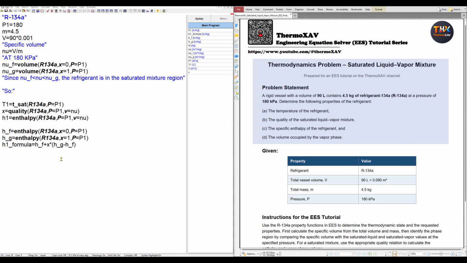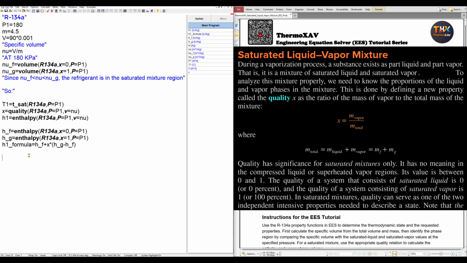by the vapor phase. So here I can simply write this formula. This quality, as you know, is equal to the mass of the vapor, I will call it M underscore G, divided by the total mass, which is M here.